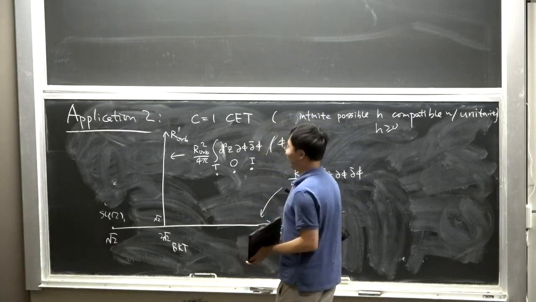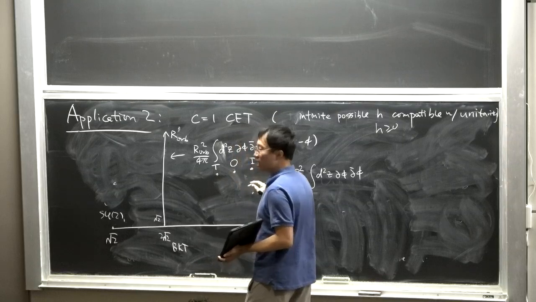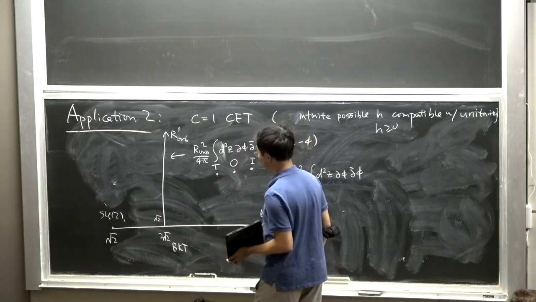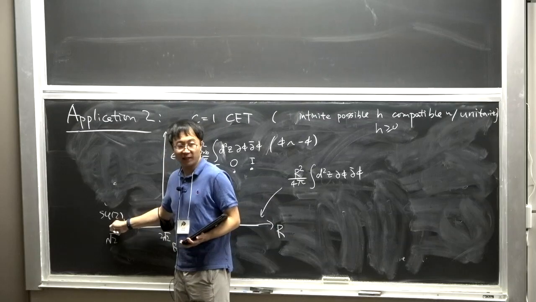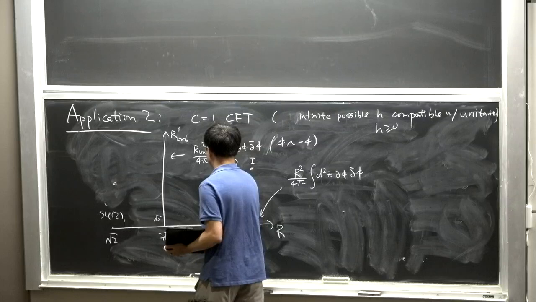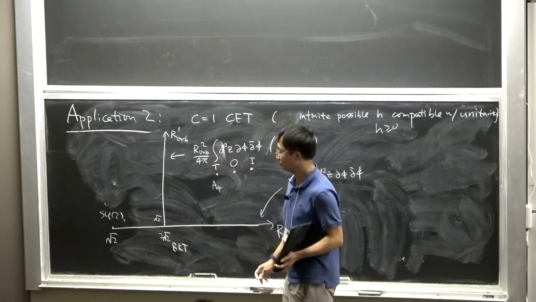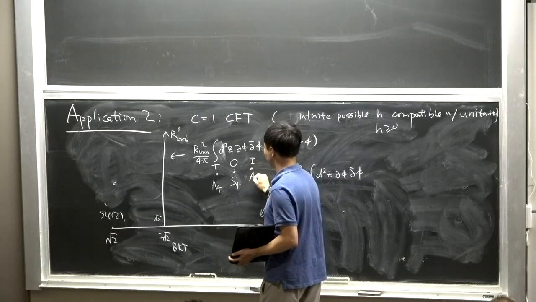These are explicitly realized by CFTs that come from gauging discrete symmetries in SU2 level 1. They correspond to the so-called A4, the alternating group of rank 4, S4, the permutation group, and A5.